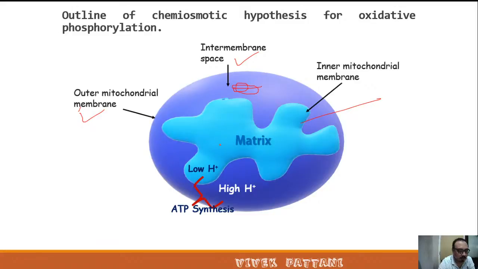In the matrix there will be a low concentration of hydrogen ions, whereas in the intermembrane space there will be a high concentration of hydrogen ions, specifically protons, which will help in the generation of ATP.